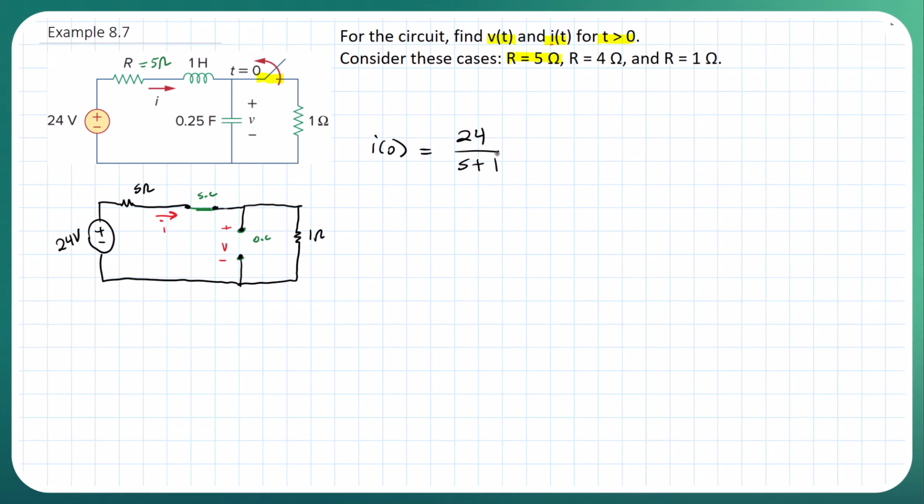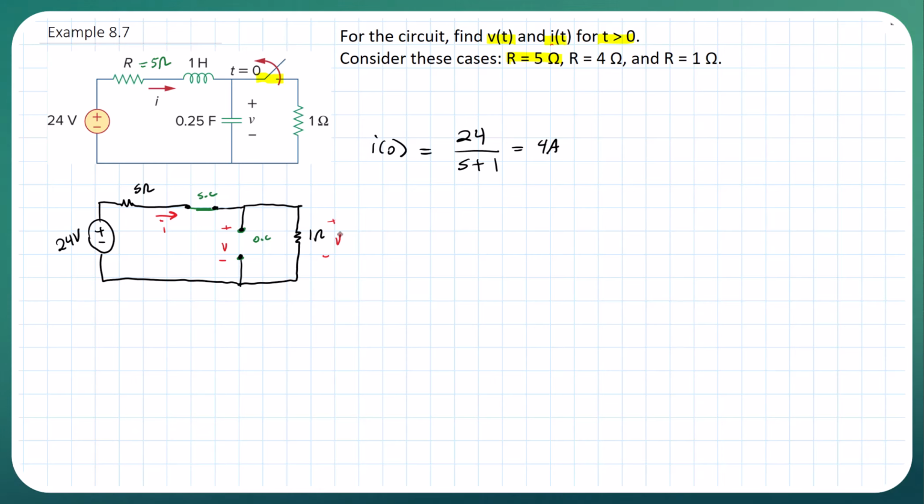So it's our 24 over 5 plus 1, and that's going to give us 4 amps. And the initial voltage across the capacitor is going to be the same as that across the resistor, so this plus or minus voltage.